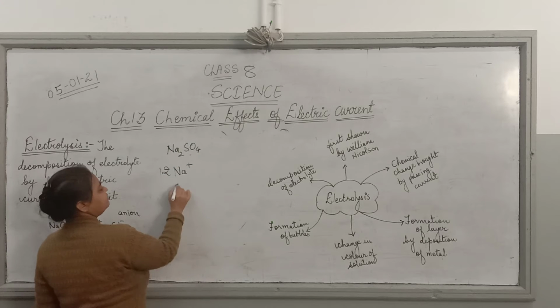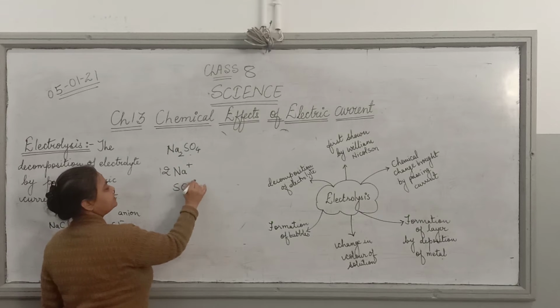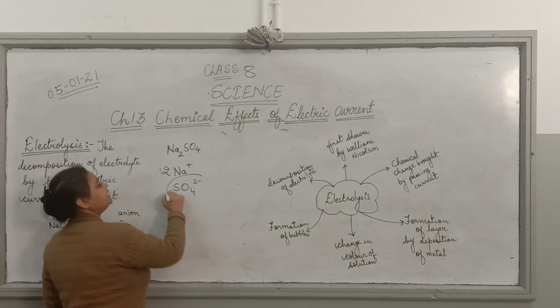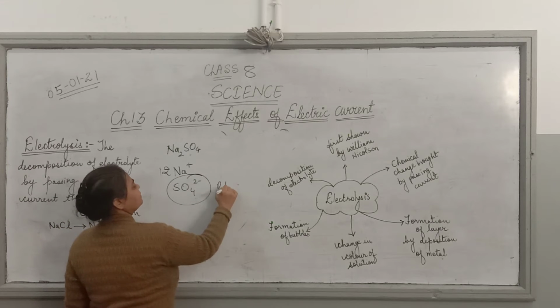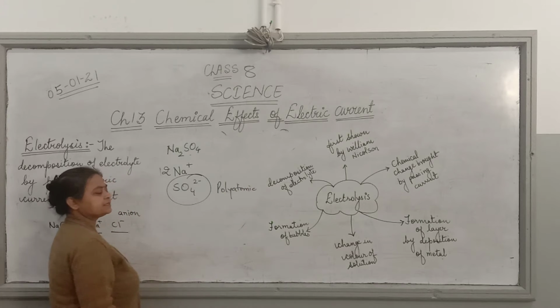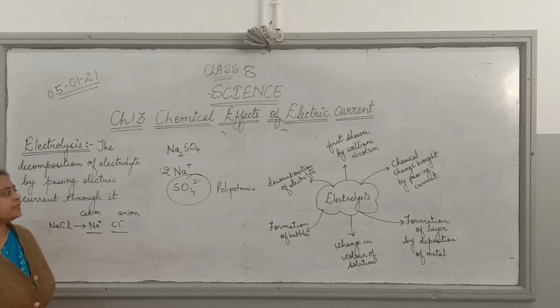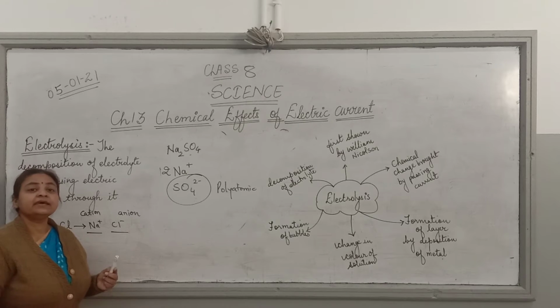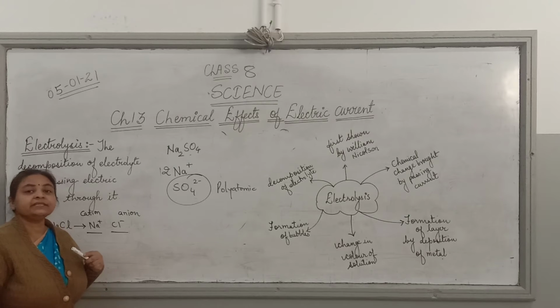And this is the sulfate ion, SO4 minus 2. So this is called a polyatomic ion. Okay. Now, this is how positive and negative ions are there. And these positive and negative ions, or cations and anions, they help in conducting the electric current in the liquids.